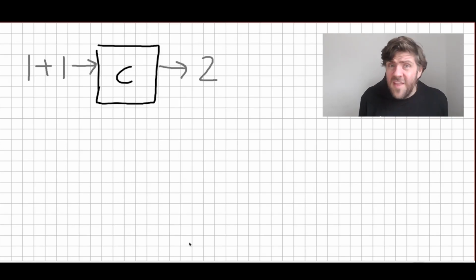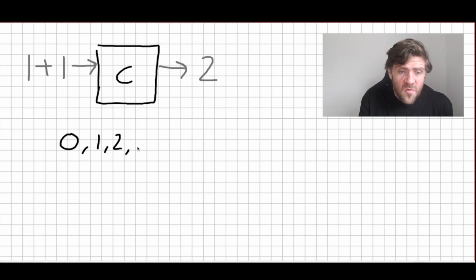But what does it mean to have a physical system that can add pairs of single-digit numbers? Well, for one thing, we need to have different physical states that it can encode the different digits. And there are 10 of these digits. 0, 1, 2. Of course, I don't need to write them all out. But as you well know, there are 10 of them.